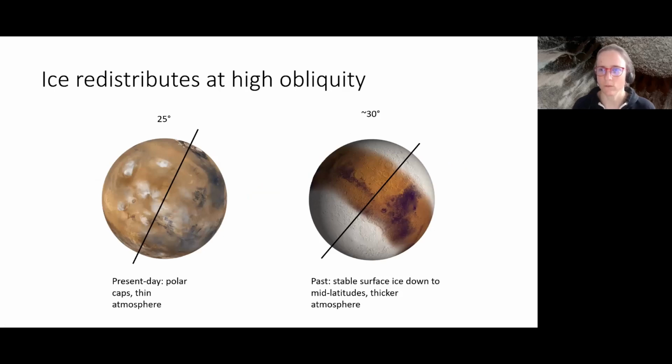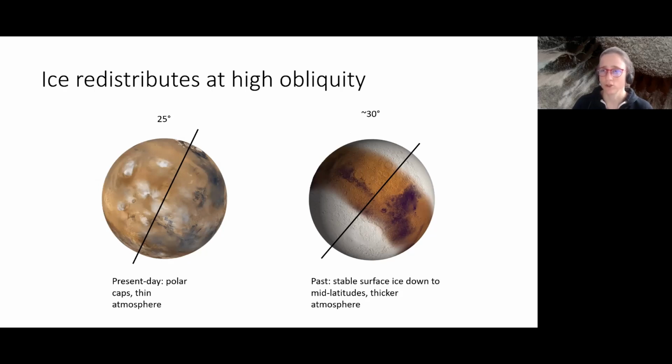So what do we think is happening, more or less? So we know that Mars has two large polar ice caps made of water ice, and that's the situation at the present day, here and here. The atmosphere is relatively thin and it has low humidity. What would happen at high obliquity? Well, those polar caps would get pointed towards the sun once every year, and the average temperature in the polar regions would actually be higher than it is at the present day.